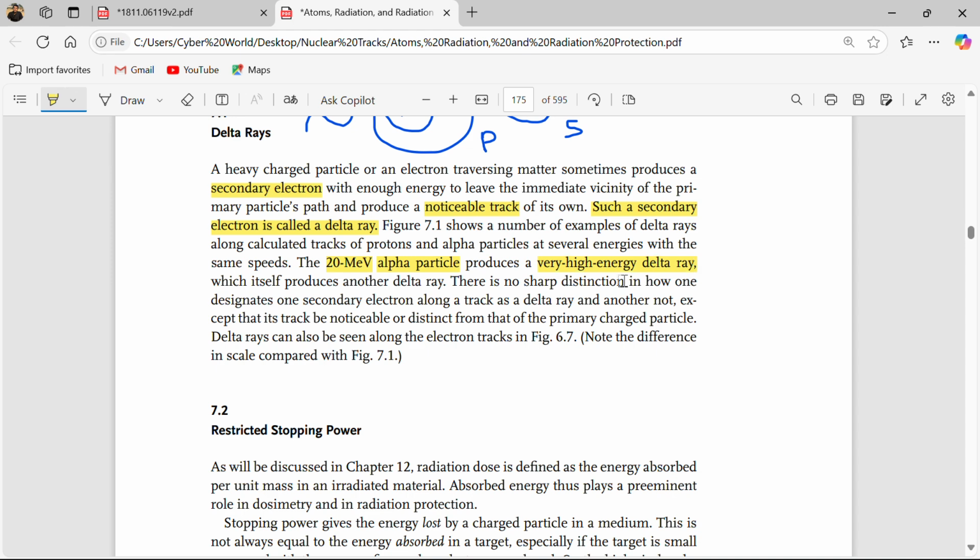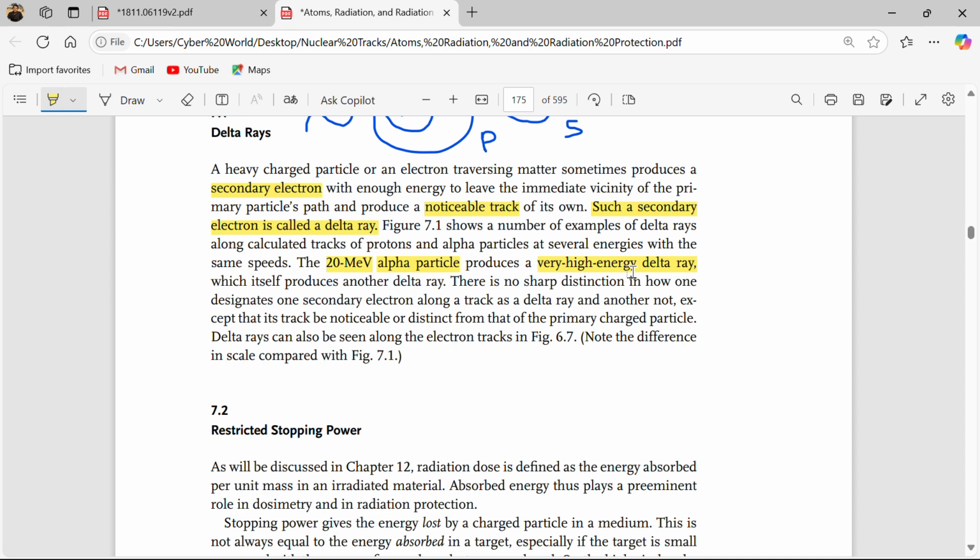So if the alpha particle has an energy of 20 mega electron volts, then the secondary ionization formed due to delta rays is very high energetic, which itself produces another delta ray.